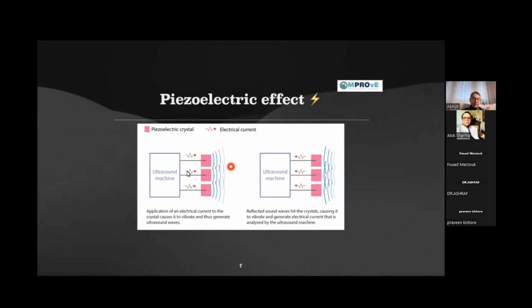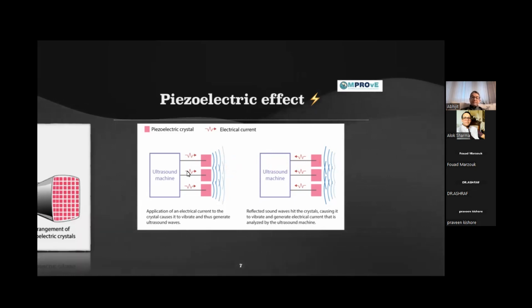And in reverse, when the ultrasound waves are reflected back from the area of interest and hit the piezoelectric substance, it creates electricity. That is all about it. The amount of ultrasound waves being reflected, or not reflected, is read by the machine algorithm as a bright image or a dark image. So you end up getting a grayscale image on your screen.